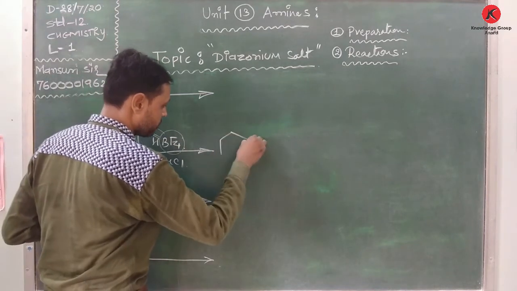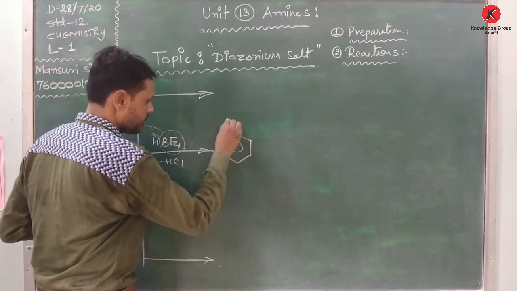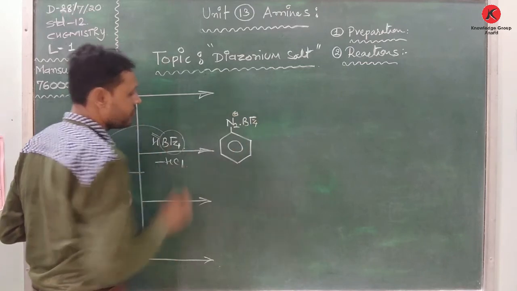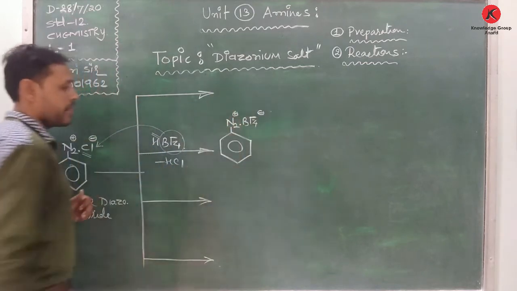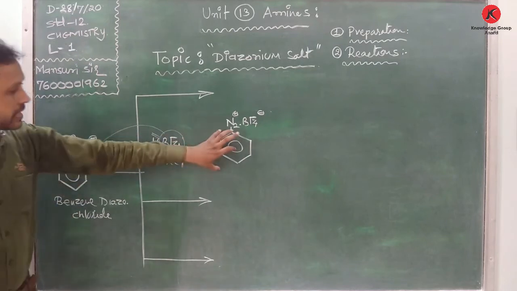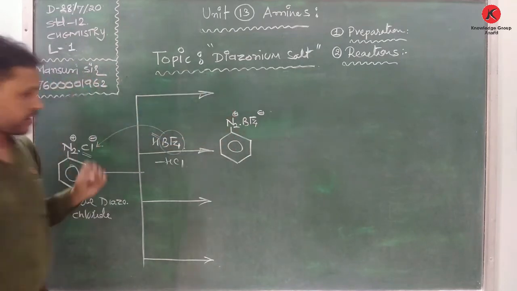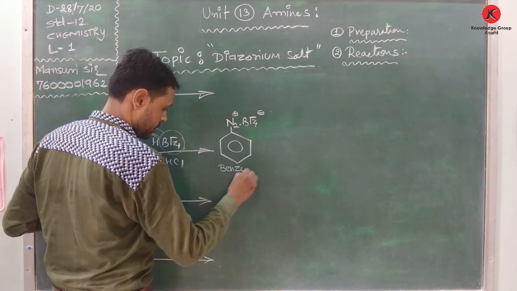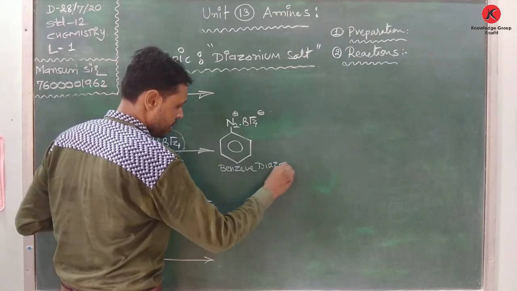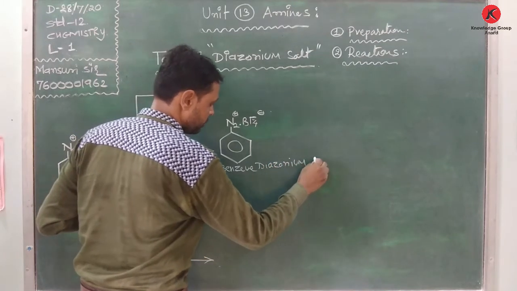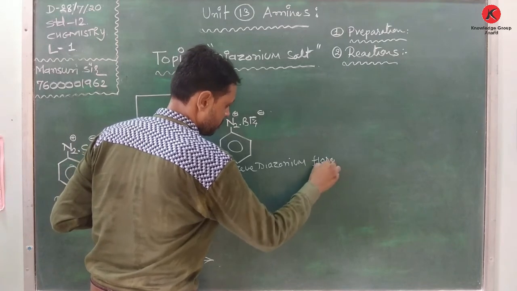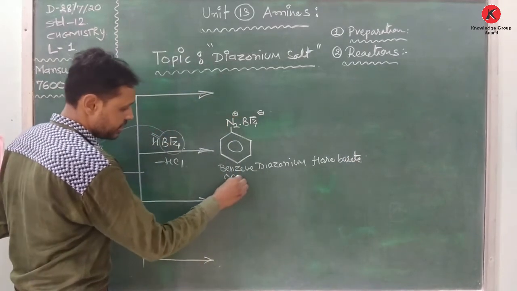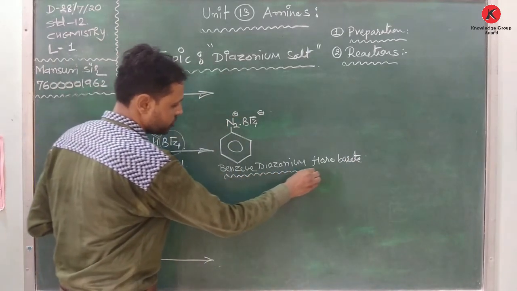That is why we obtain a ring containing N2BF4. Now N2 has a plus charge, BF4 has a minus charge. This is my benzene diazonium fluoroborate. Benzene diazonium fluoroborate is obtained.